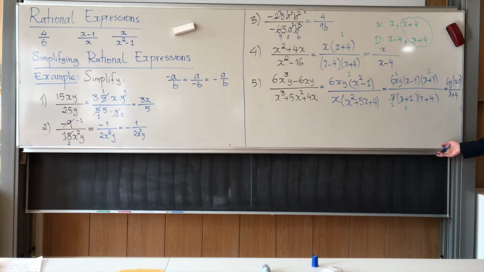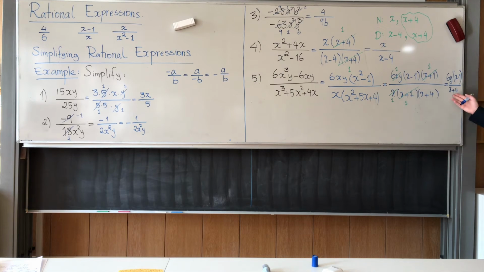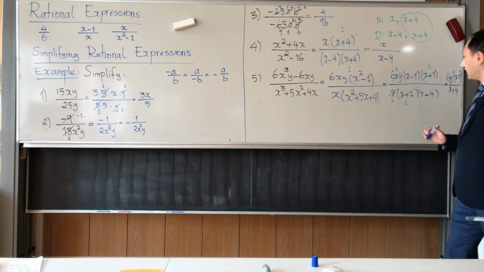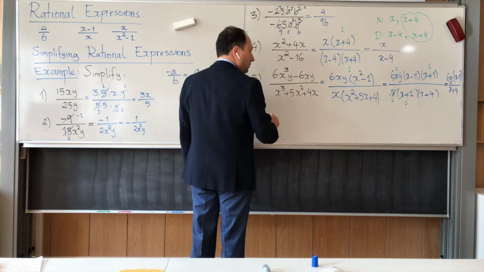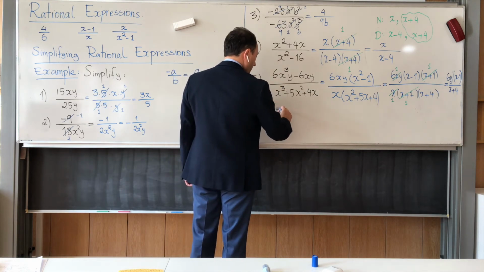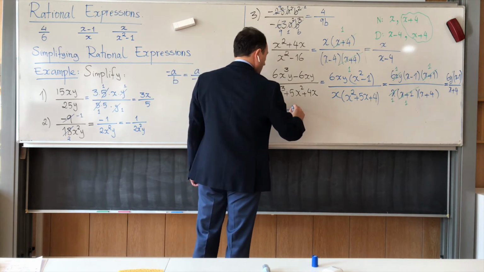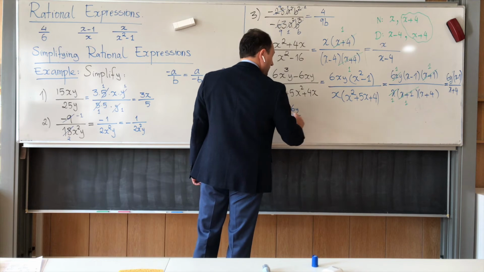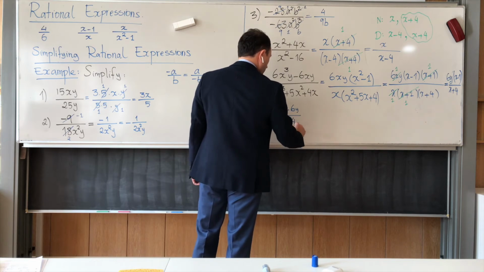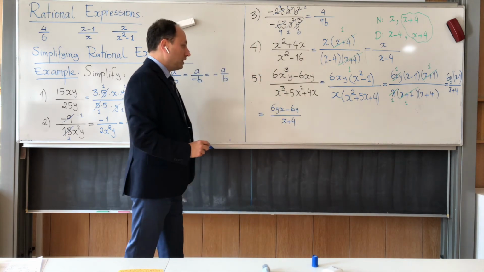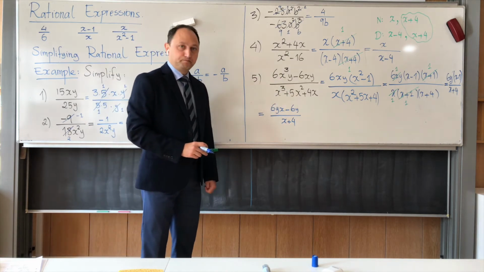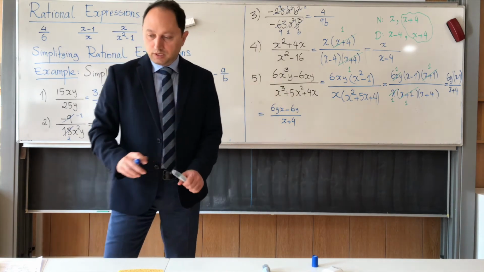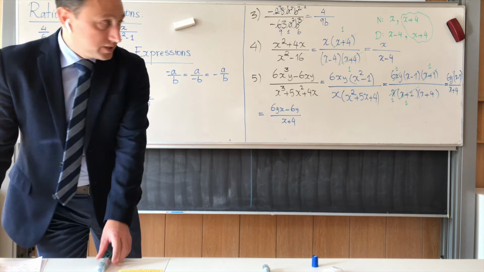And usually I myself prefer that if nothing simplified, I remove the pair of brackets by multiplying back, but this is, I could call it, optional. So then it becomes 6yx minus 6y, and then divided by x plus 4. So this one is the simplified version of this expression, and you see that this is quite simpler than the previous one. Okay? So let me go to the other example.